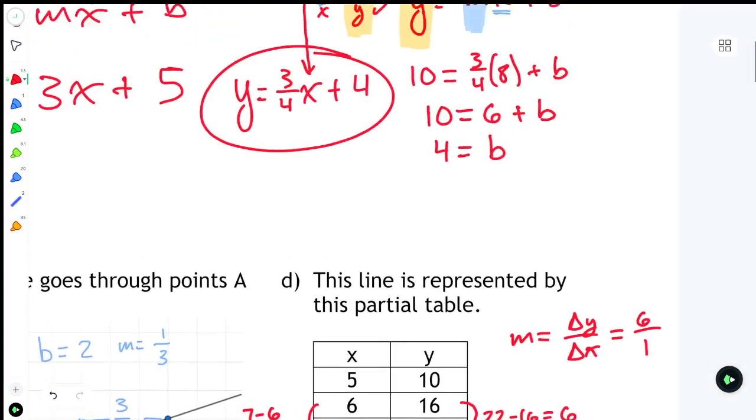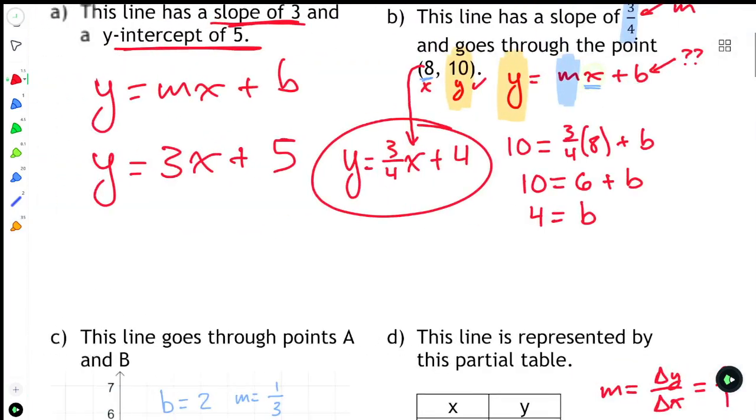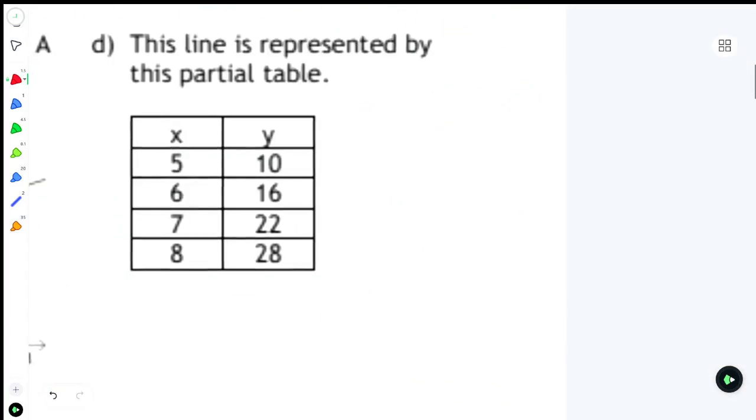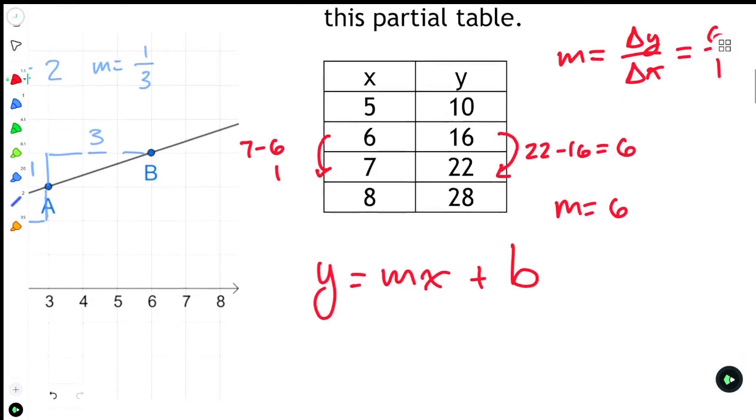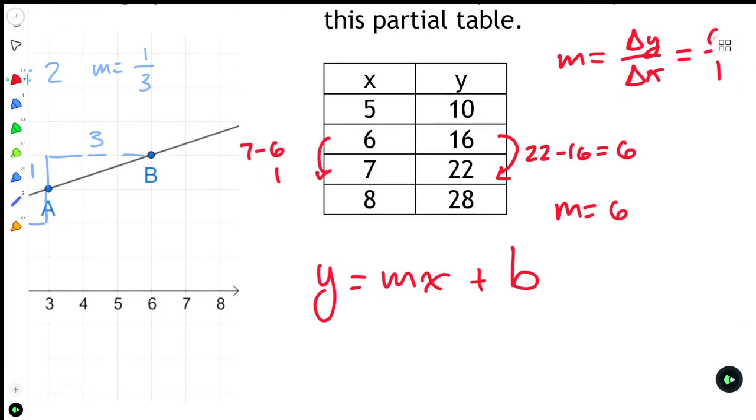So like up above here, we had to figure out what our y-intercept was. So I'm going to use the same exact strategy. What I'm going to go ahead and do here is write y is equal to mx plus b. And I can pick any of these points that I have. I've got lots of x's and lots of y's to choose from. I just have to pick a pair that go together.